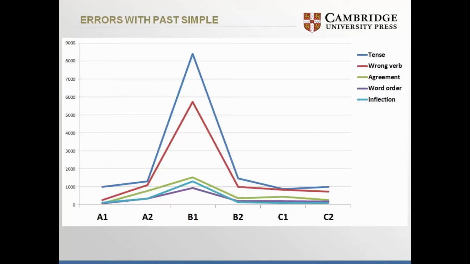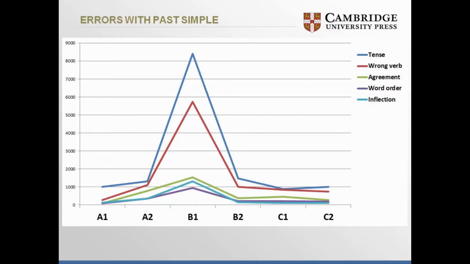So yeah, it's interesting when you look at what learners can't do well, when you look at the errors, it can be troubling. For example, the past simple. This is a graph of the past simple errors. So the errors at A1 are along here, A2 along here, and then B1, it just goes crazy.